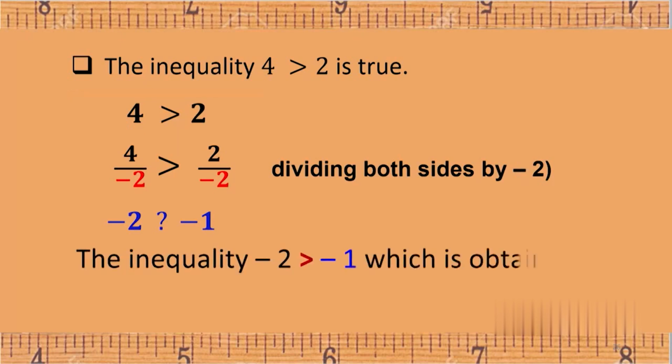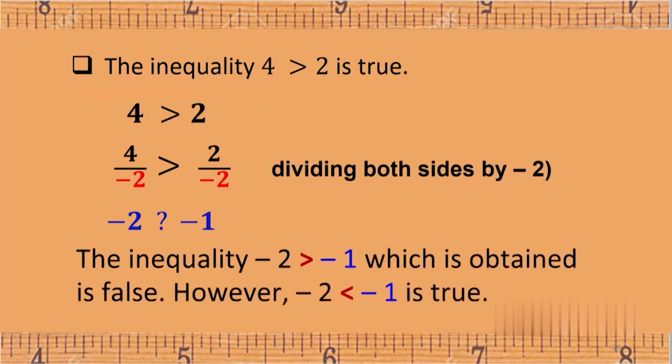That means the inequality minus 2 is greater than minus 1 is not true. However, you can write minus 2 is less than minus 1. It is true. Then can you guess the conclusion of this? Look at that.